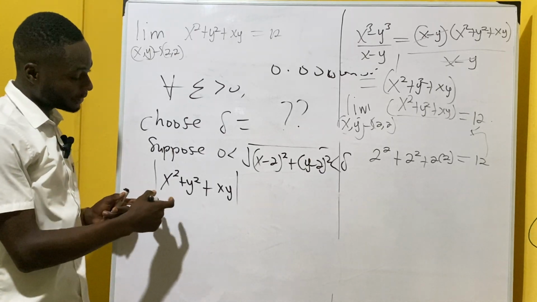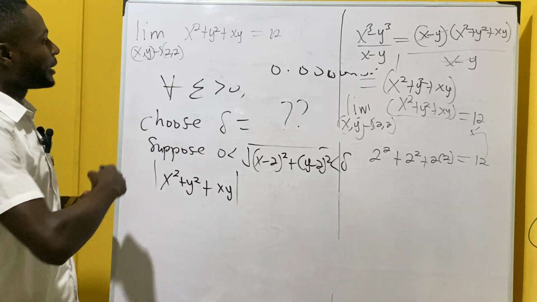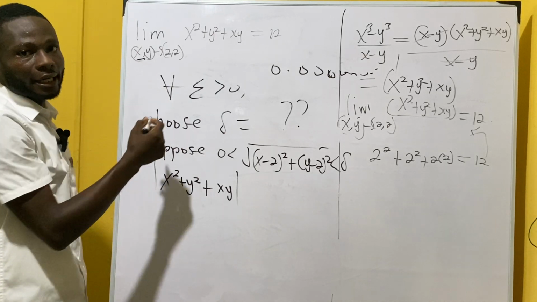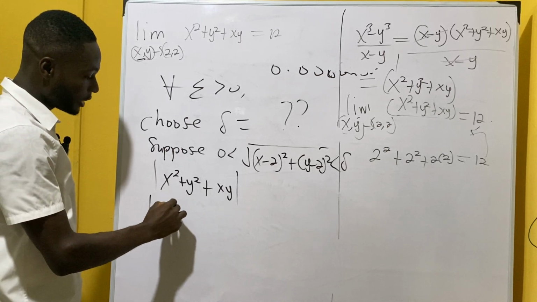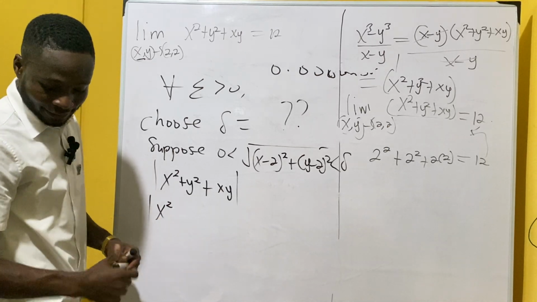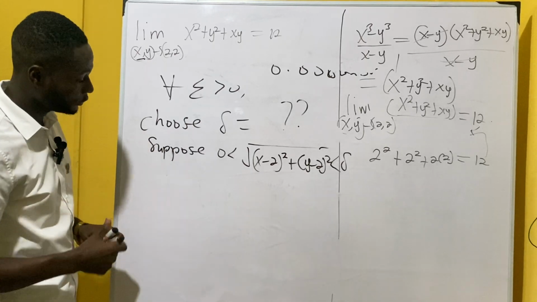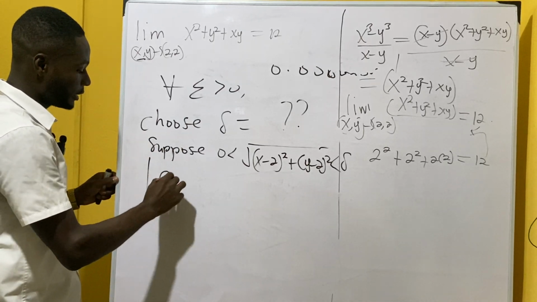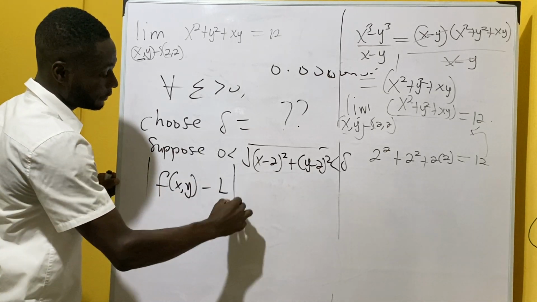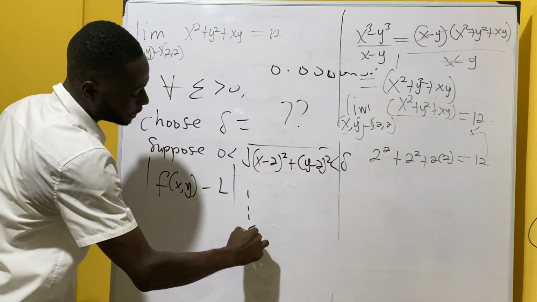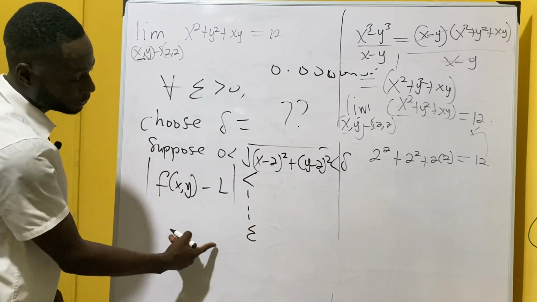So what we do right here is that we manipulate this to get the values that x and y are approaching. So we add the limits to it. So f of x and y minus the limits, right? This right here should be less than epsilon.